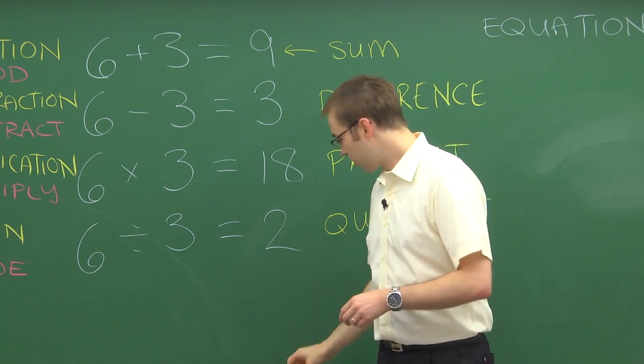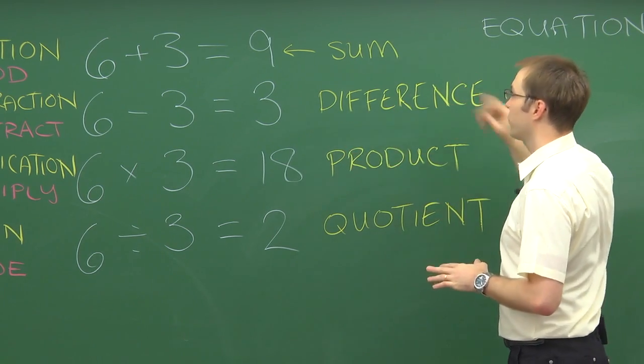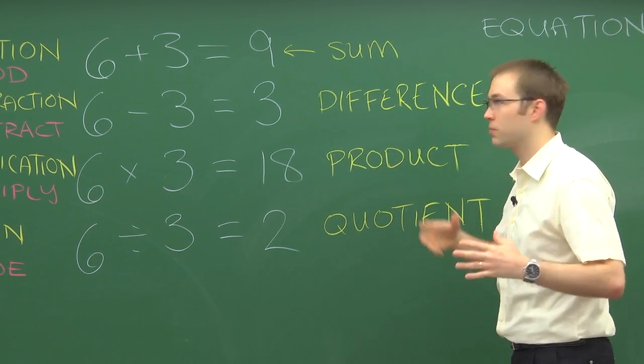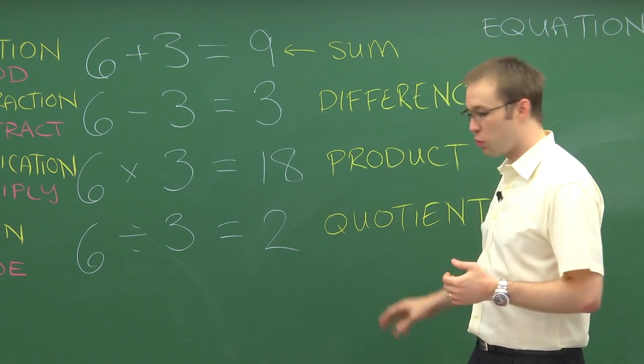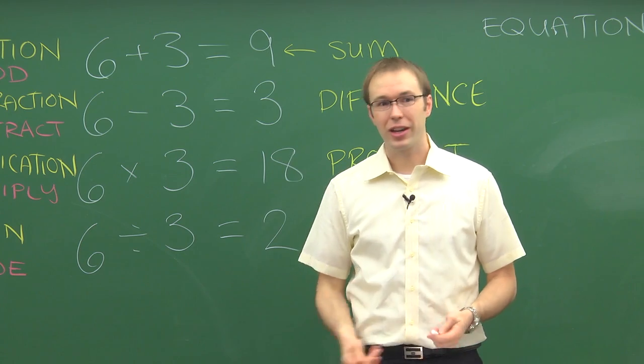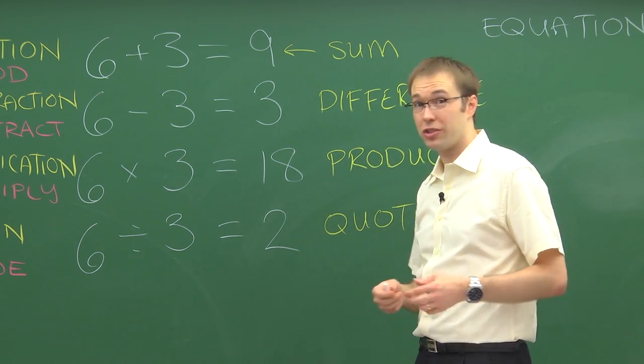So, when we do math, they are going to be looking for sums, differences. They're going to ask you for the product of numbers. They're going to use quotients. They're going to ask in this language. They're going to ask you to write an equation.